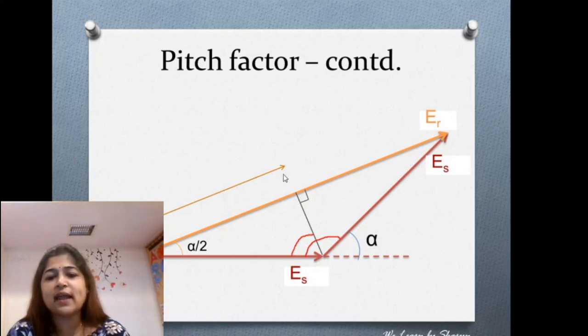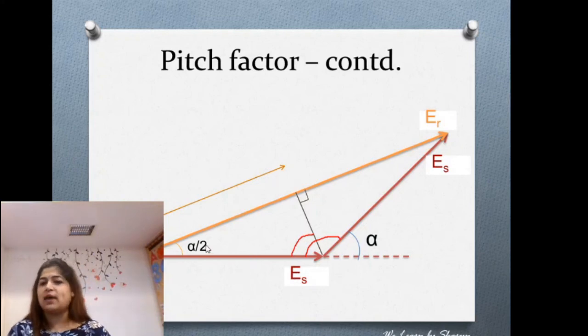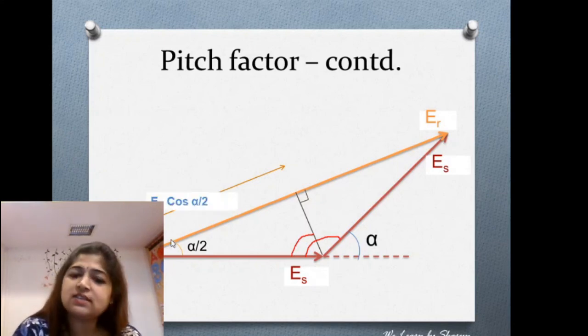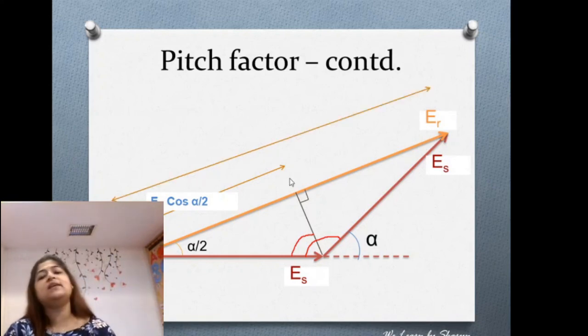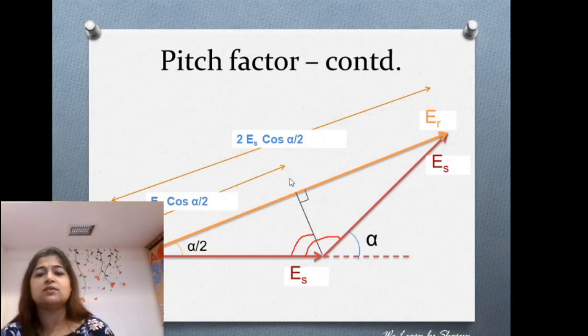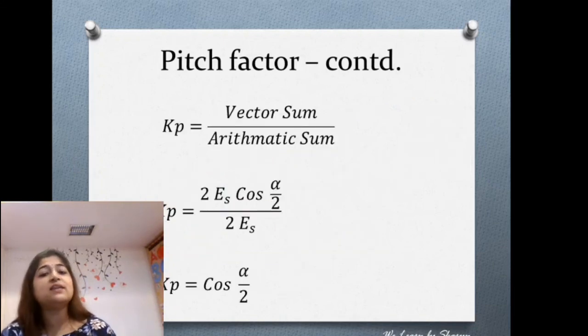This part of the triangle will be equal to ES cos alpha by 2, right? If this is ES cos alpha by 2, ER is twice this value. So ER is given by twice ES cos alpha by 2. Hence we got the expression for ER as twice ES cos alpha by 2. Let's take the ratio.